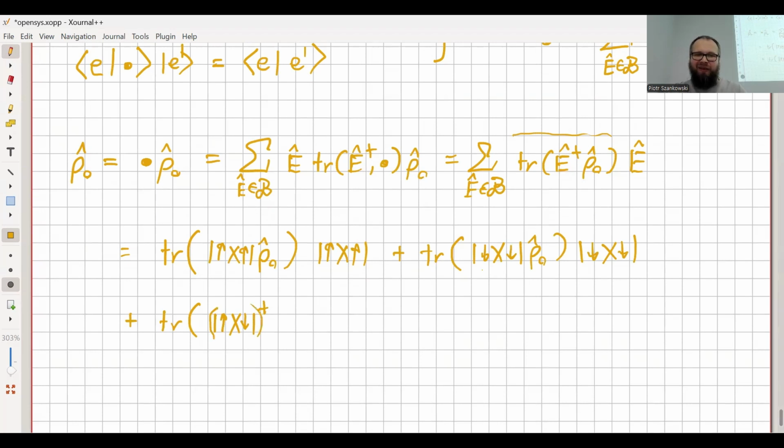So it will turn into down, up, actually, upon taking a dagger. Up, down, plus trace. So down, up, dagger, row 0, down, up.